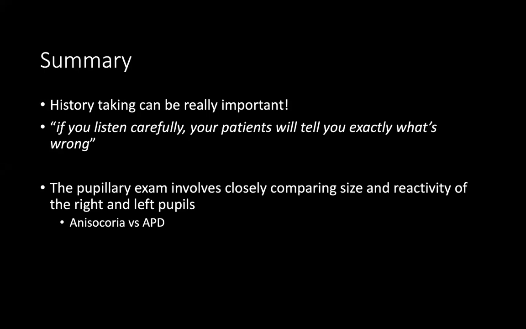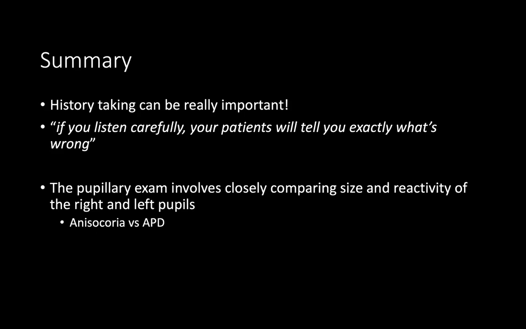And then the pupillary exam involves closely comparing size and reactivity of the right and left pupils. And I'm hoping that it's clear the difference between anisocoria and an APD. Just to summarize, anisocoria is simply the difference in pupil size. It can be normal.